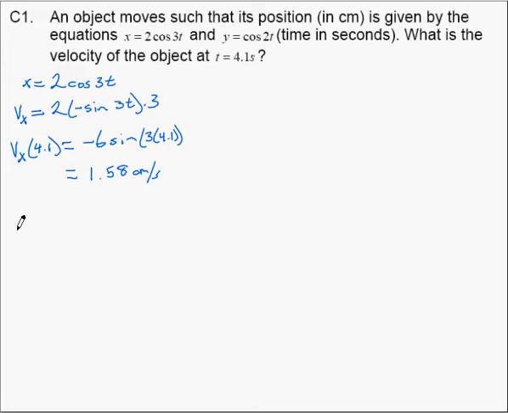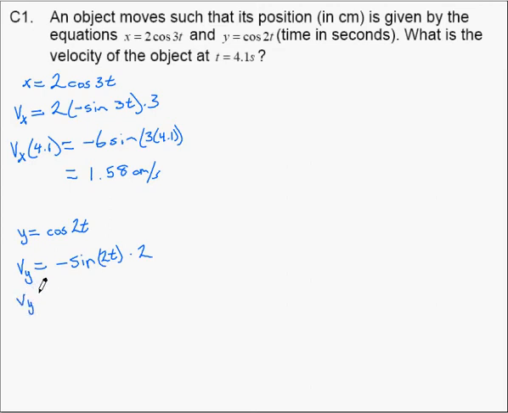Now we do the same thing for the y position. So the y position is given by cosine of 2t, in which case the y velocity is the derivative of that, so negative sine of 2t multiplied by the derivative of 2t, which is 2.